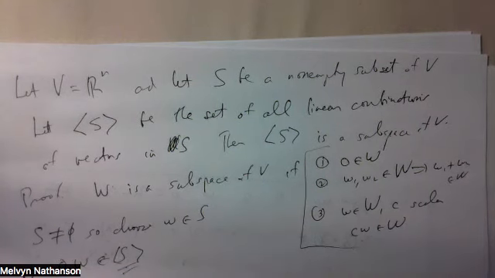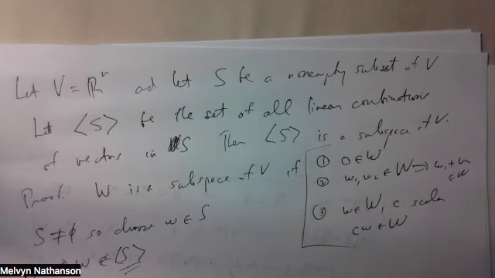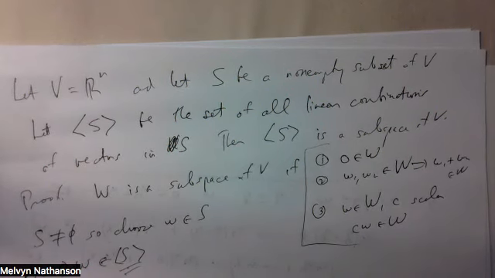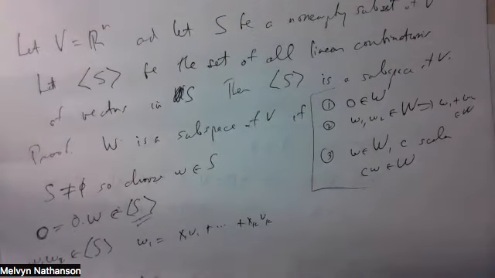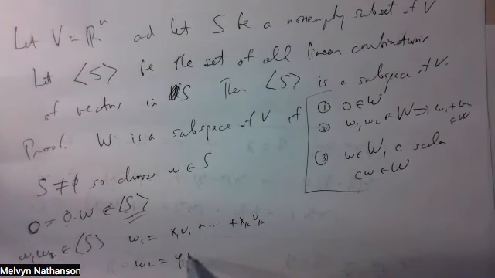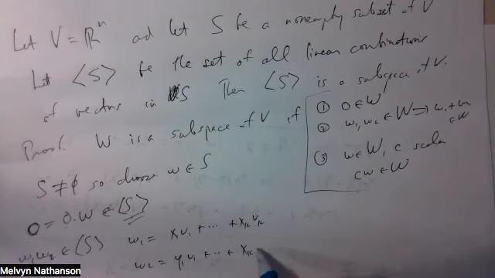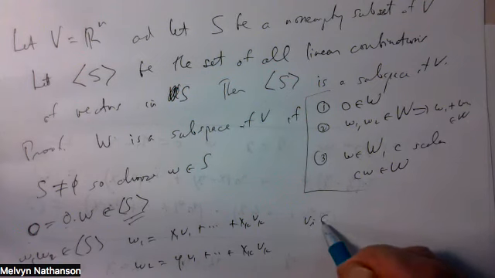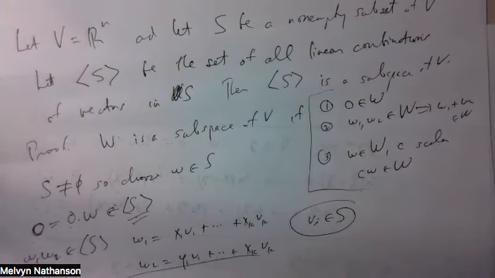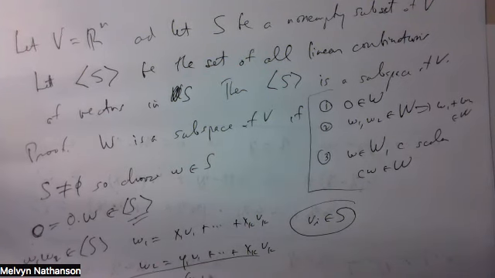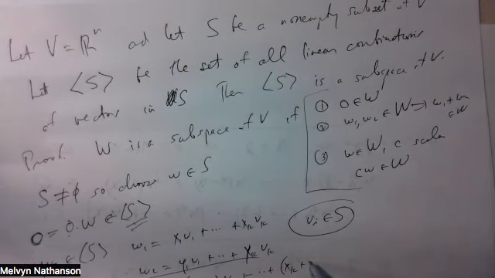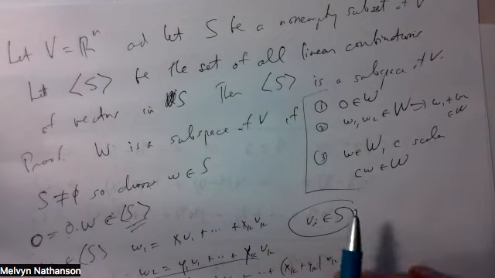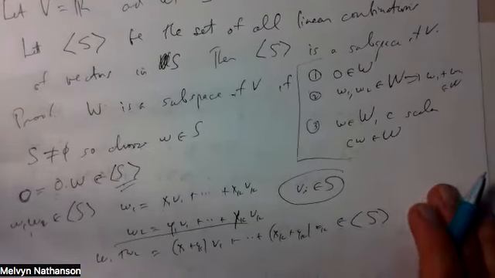And if w1 and w2 are in this set of linear combinations, I can write w1 as some linear combination of a finite number of elements of S. And I can write w2 as some other linear combination of elements of S, where these v sub i's are all in S. And if I add w1 plus w2, that's just another linear combination of elements of S. So this is in this set.